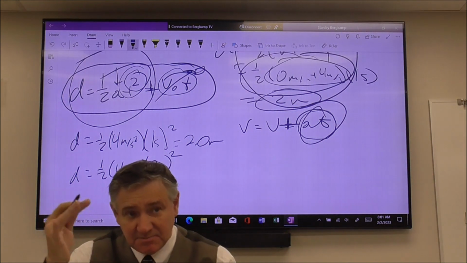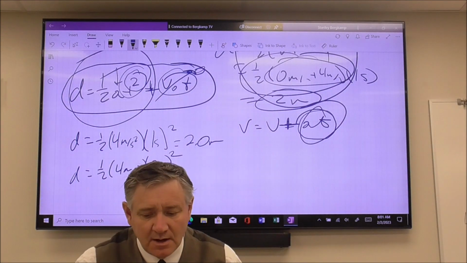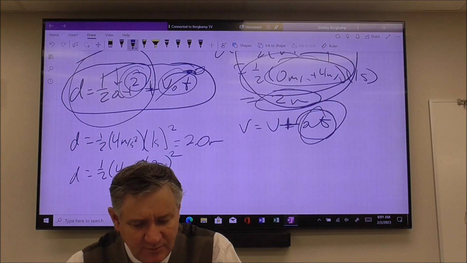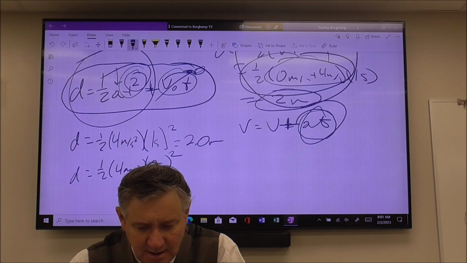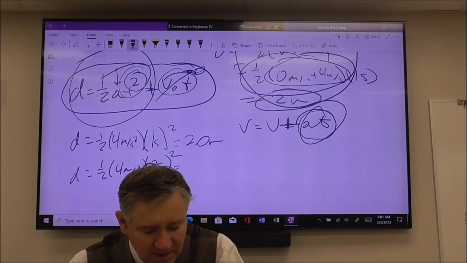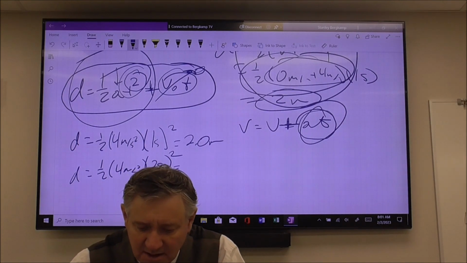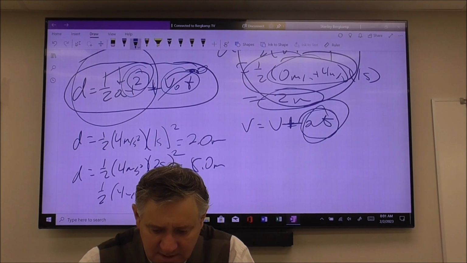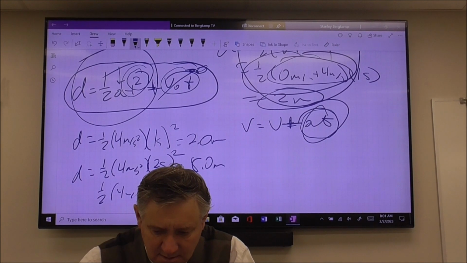It's going to be huge, it's t squared. So if I square 2, I get 4. 4 times 4 is 16. Half of that, I get 8 meters. And then if I go to 3 seconds, I get 18 meters.